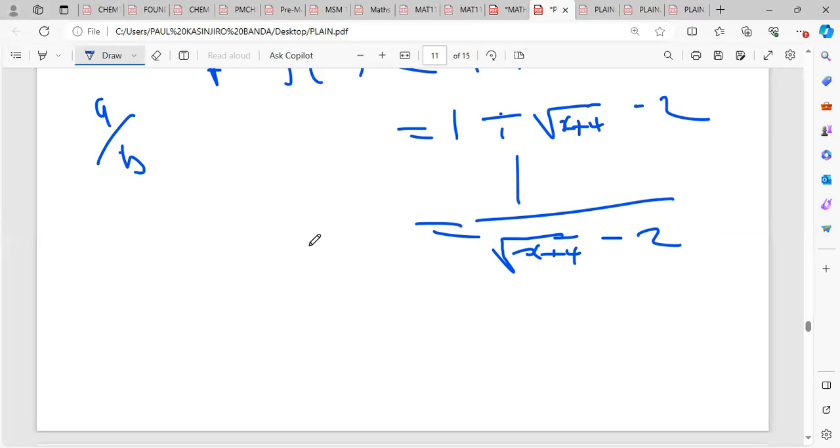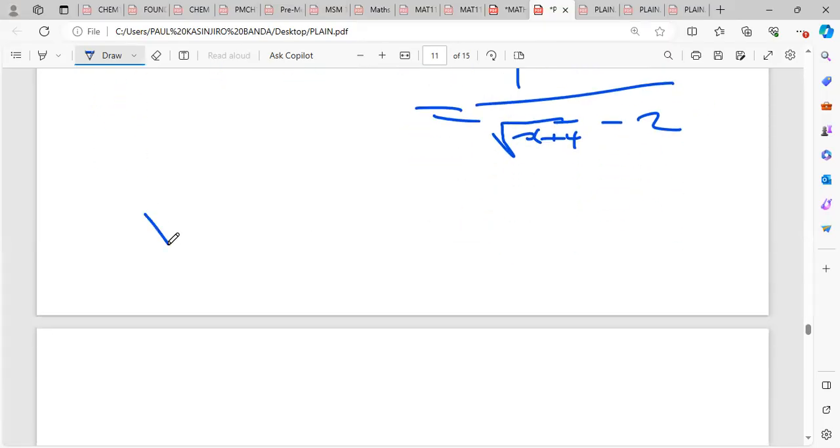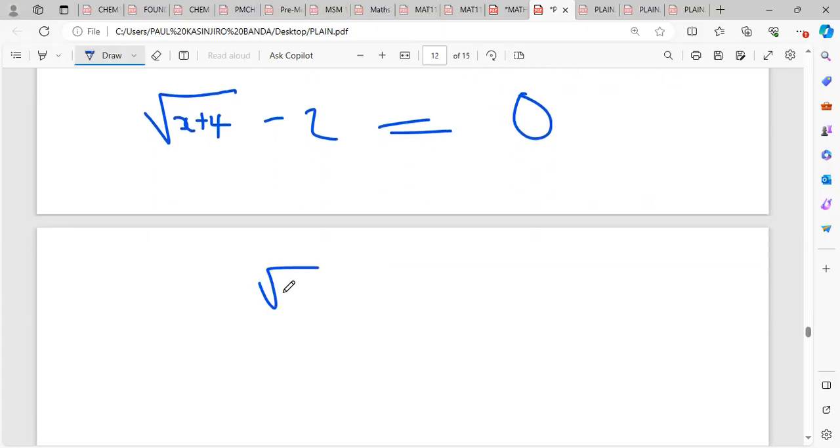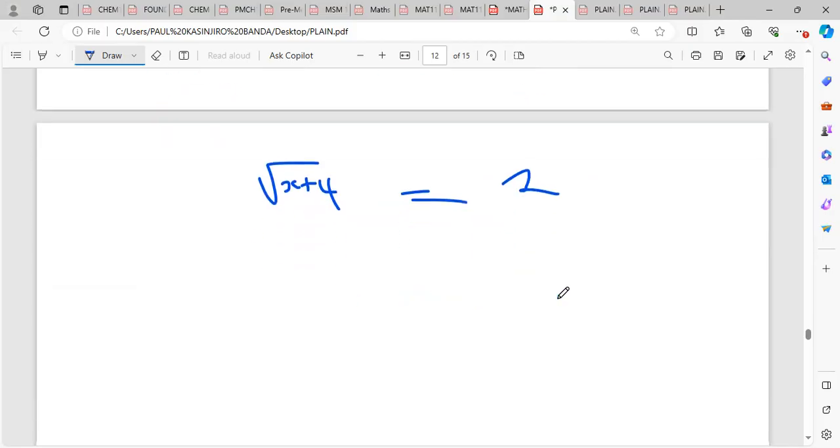That value of x that you get is what you're going to exclude from the domain. So we say the root of x plus 4, minus 2, is equal to 0. Meaning I have my root of x plus 4 equal to 2.